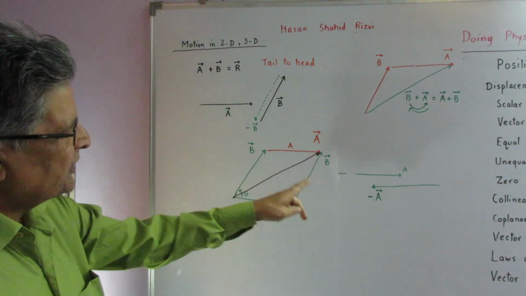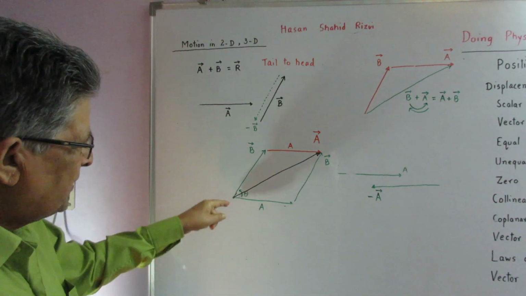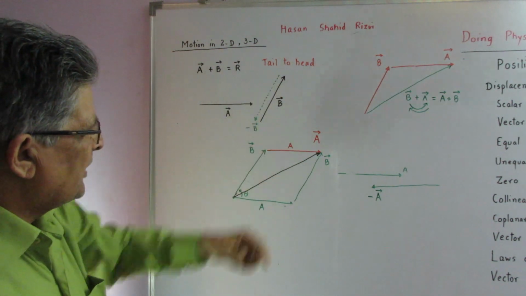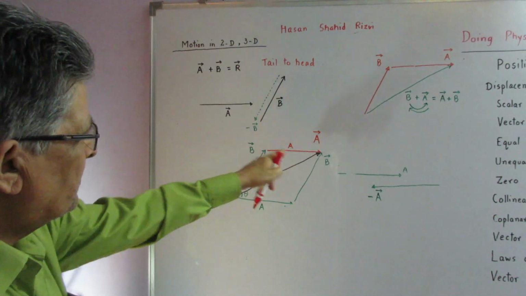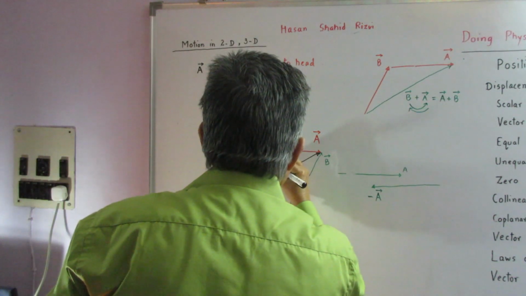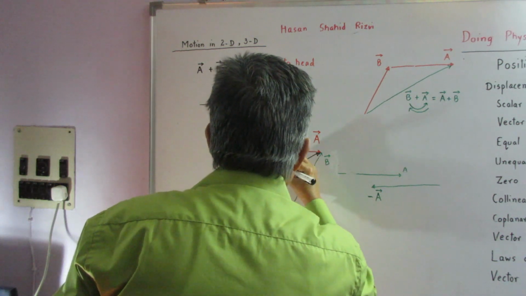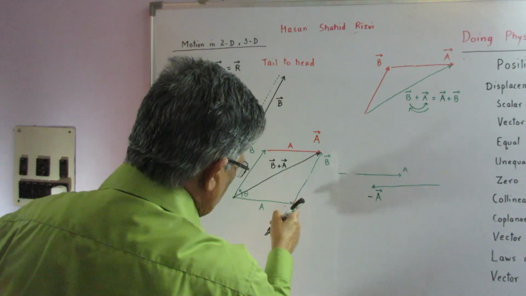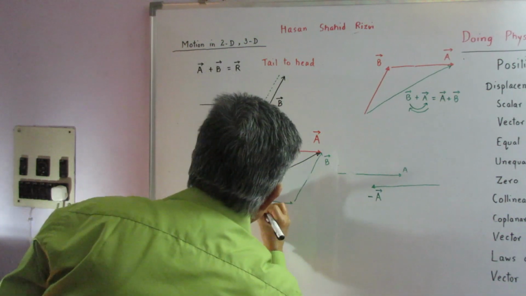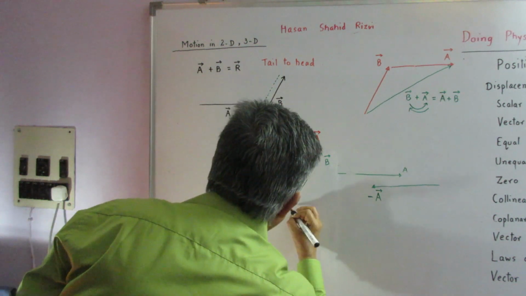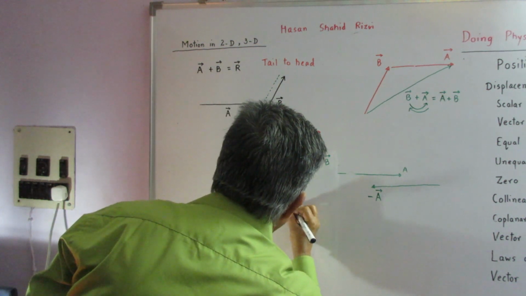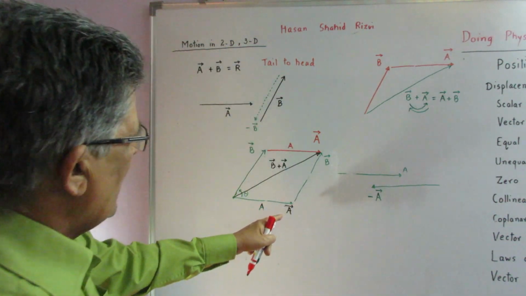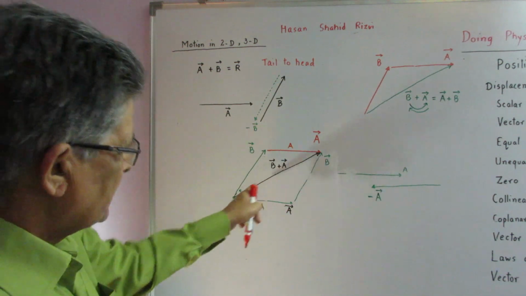Now the diagonal of this parallelogram I can write from the previous relation that I introduced, the tail to head system. This appears to be B plus A here, and if I go like this, then I have a vector A, this was only magnitude A. So anyway, this now becomes equal to the same thing.